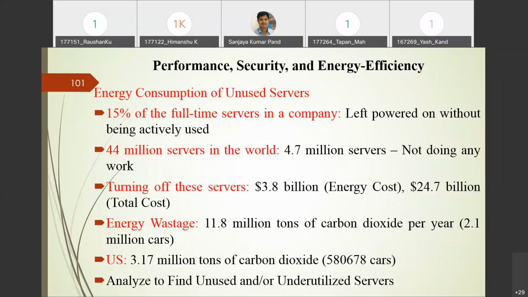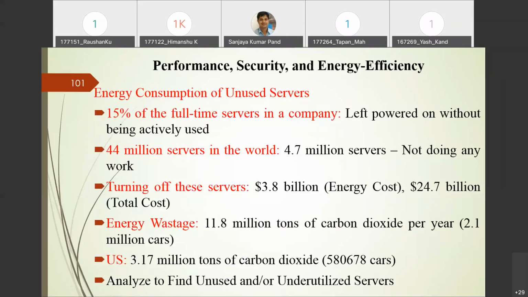Whenever there is a requirement, we will again switch on or wake up the servers so that they meet the requirement of the customers. If you turn off these servers, they say $3.8 billion of energy cost, and $24.7 billion of total cost including the server cost, can be saved.